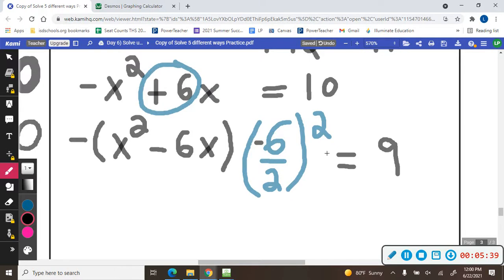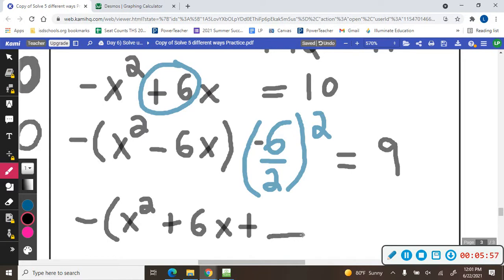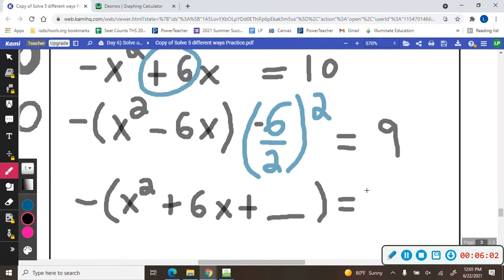So I kind of need the space, but what I have so far is negative x squared plus 6x, and I'm going to add something to that. But whatever I add to the left, I have to add to the right.